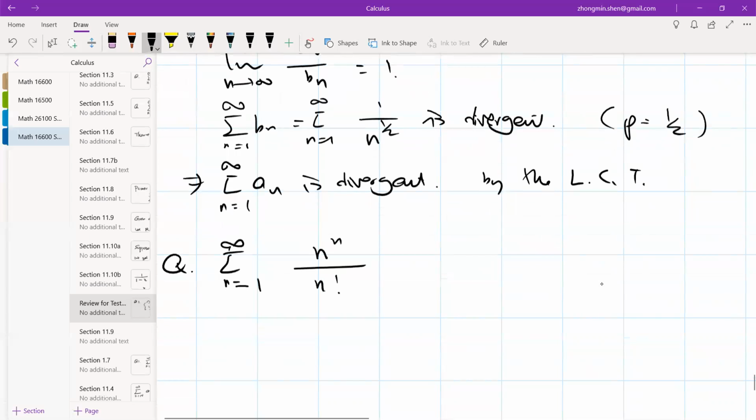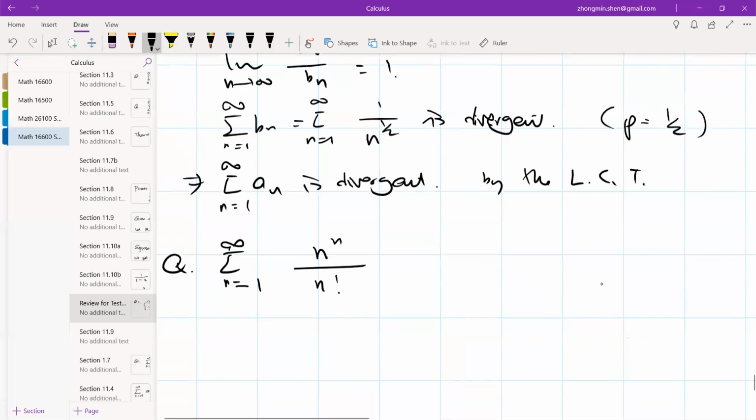But something like this, and you have an n factorial. It's a strange exponential function, but that's n to the n.